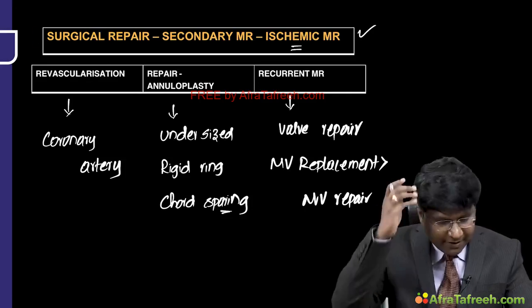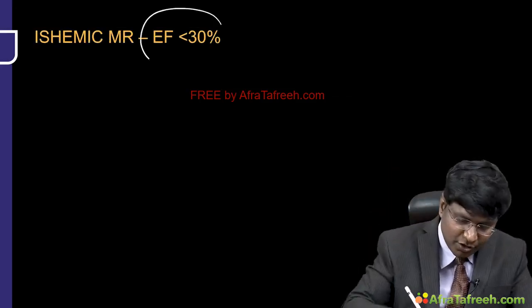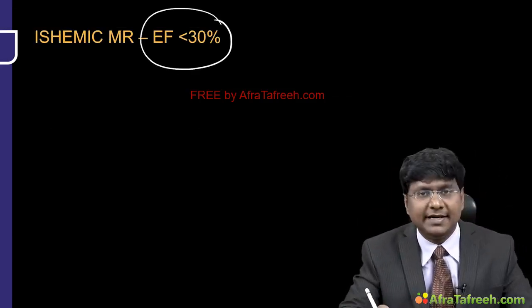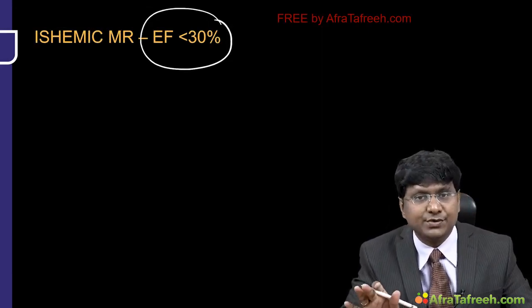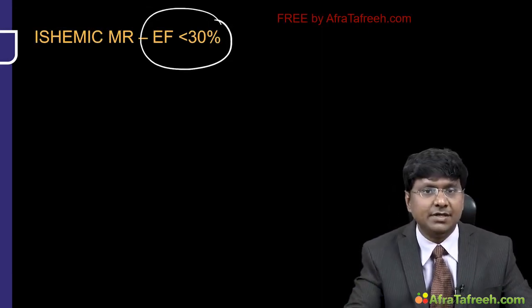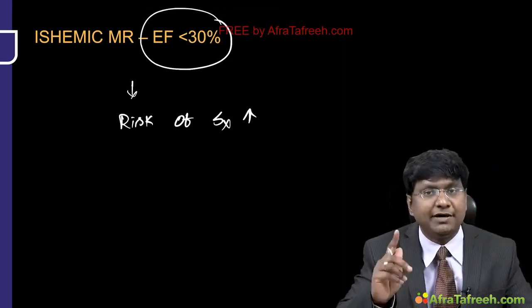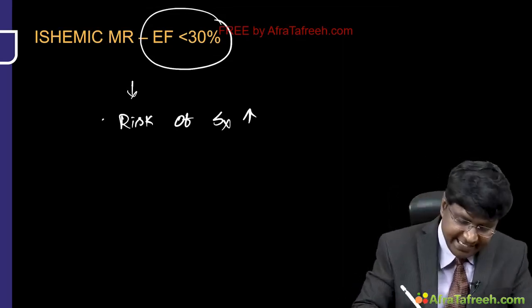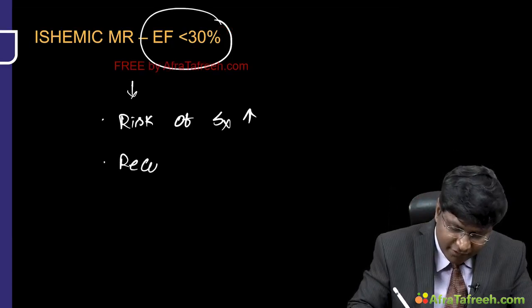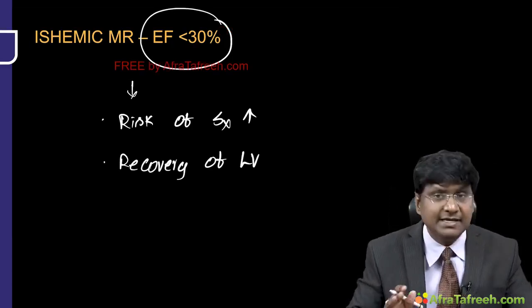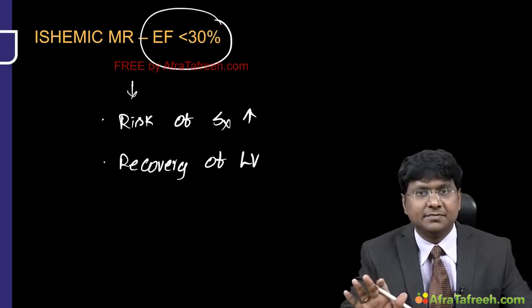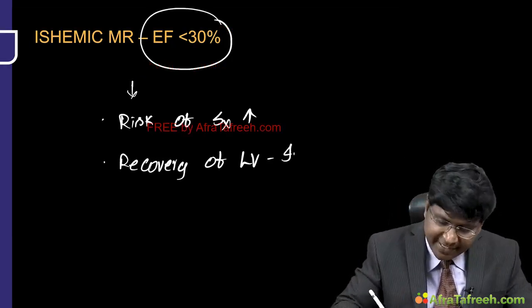Next, suppose that because of ischemia developing MR, the ejection fraction has reduced to less than 30%. In these individuals, the risk of surgery is very high. There is very high surgical mortality and you have to explain that to the patient. Recovery of the LV is not very easy and will be almost incomplete.